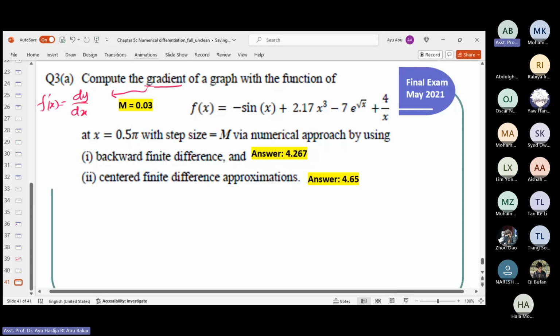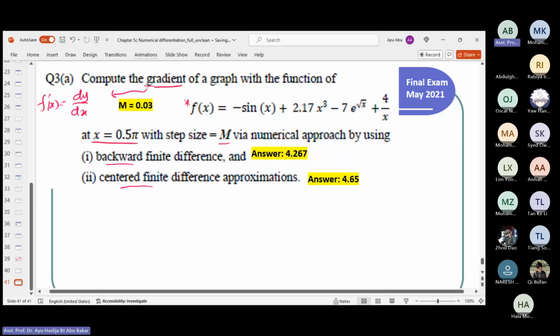With the function of this, okay, this is the given function, at x equals to 0.55 with step size of h. h here is 0.03. Via numerical approach by using backward and centered.